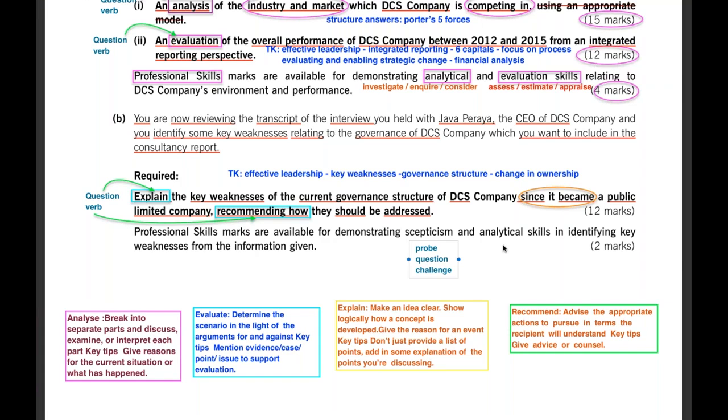You cannot just say the weakness is this. You need to explain, and then give a reason for that particular weakness. After that, it says you are supposed to recommend how it should be addressed.